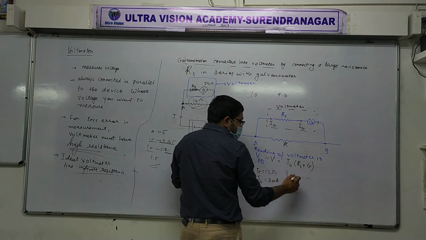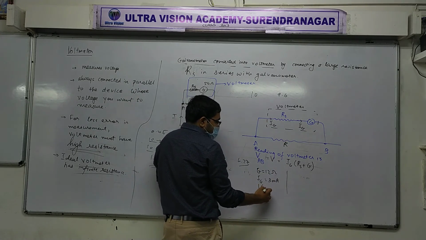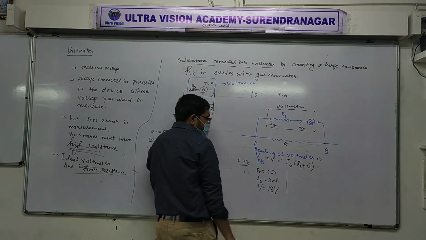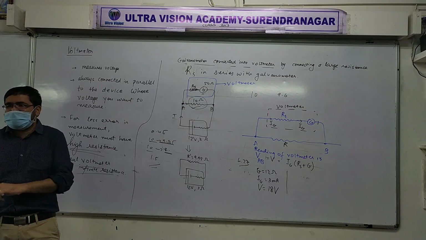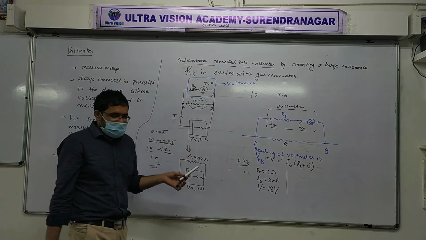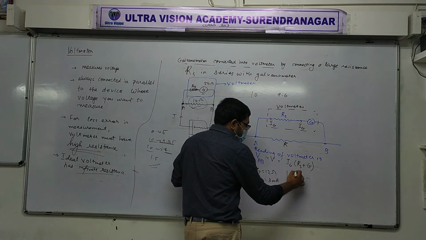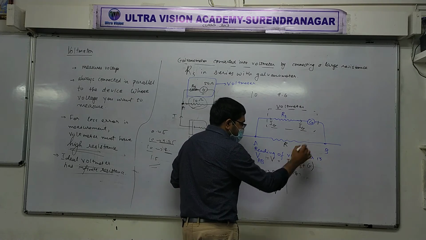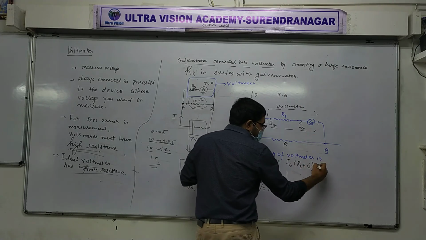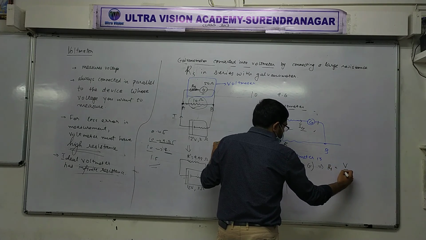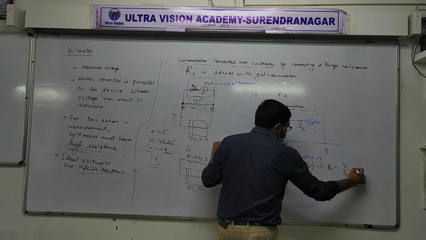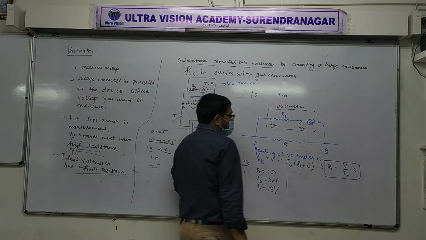So how much is that Rs? We will find out. Let's put in all the values. How much is the voltage required? 18 volt. Okay, so 18 is equal to Ig times (Rs plus G). Convert this into a formula: Rs is equal to V upon Ig minus G. Is this fine?